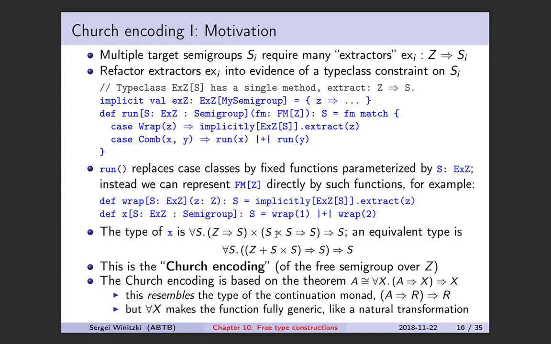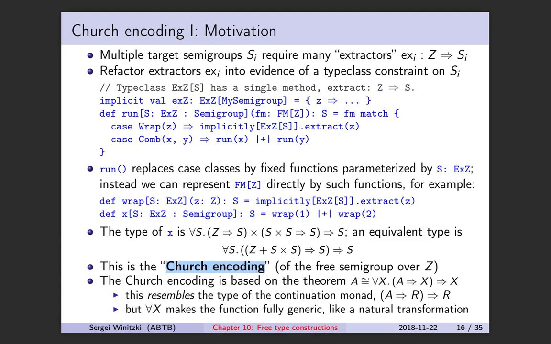Now we can simplify this type using an identity that the product of these two functions is equivalent to a single function from disjunction of Z and S times S to S. So now this type, which is equivalent to this type, which is equivalent to this, is the Church encoding of the free semigroup over Z, or free semigroup generated by a type Z.